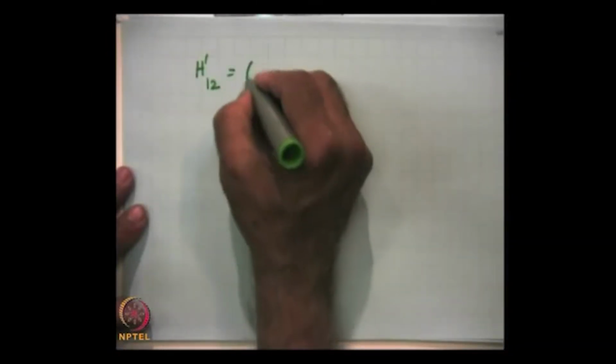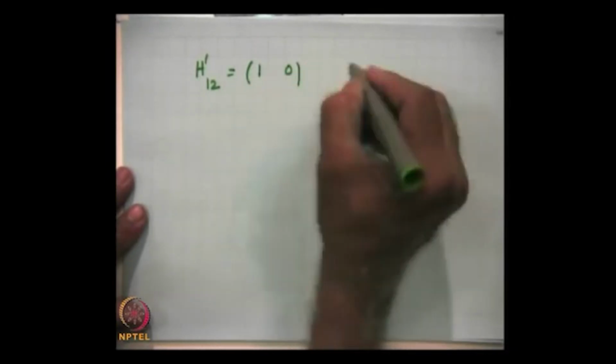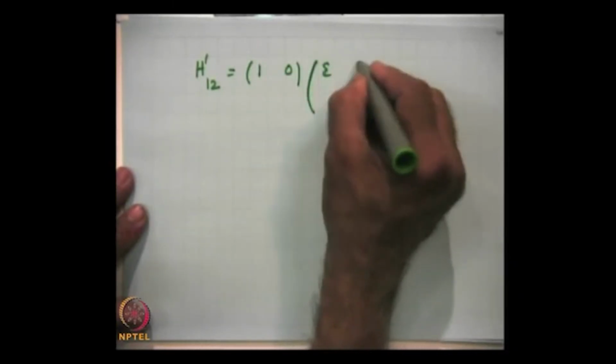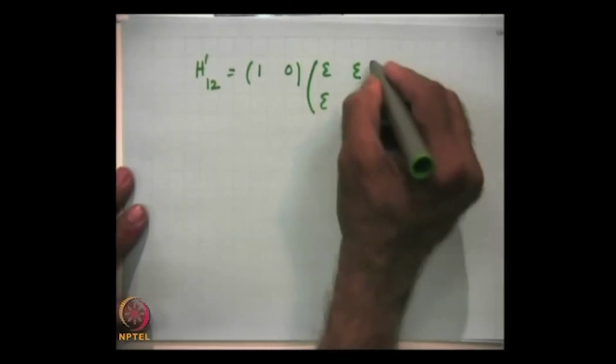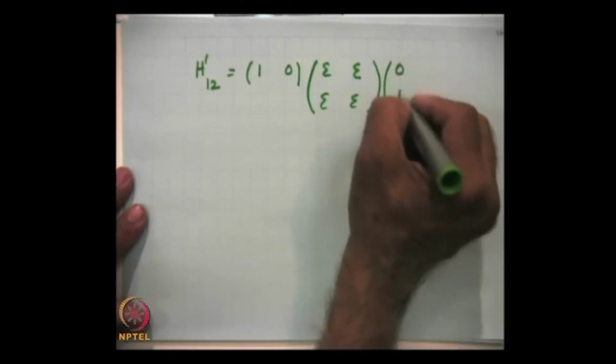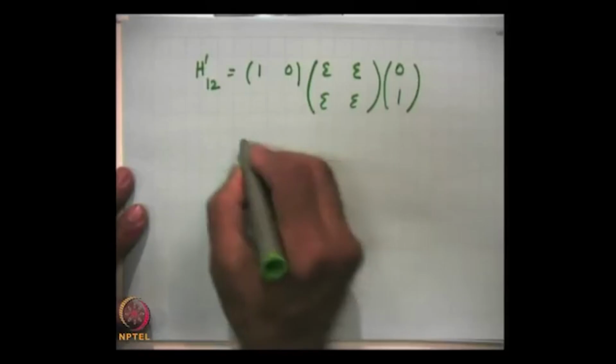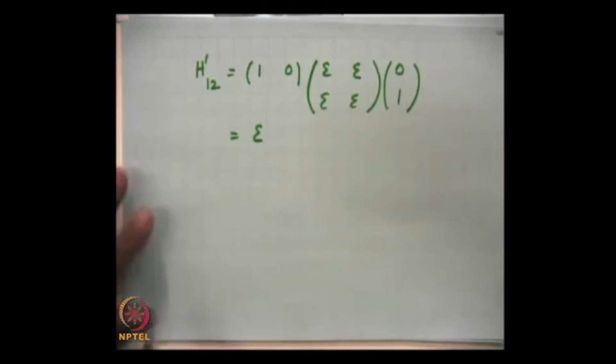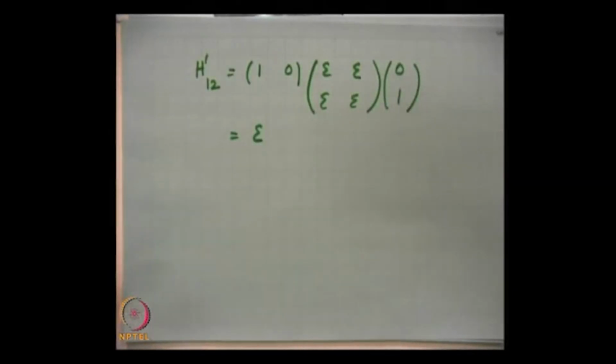So, H prime 1 2 is (1 0) times the matrix (epsilon epsilon; epsilon epsilon) times (0 1). So, this is again epsilon. So, all matrix elements are epsilon.